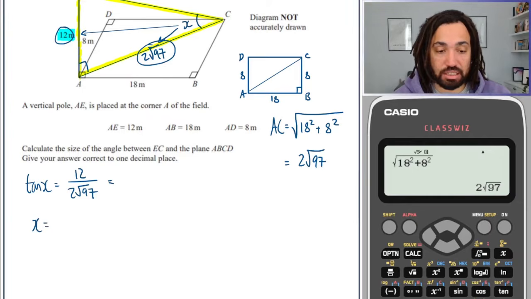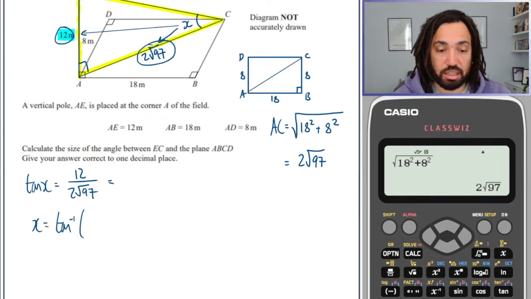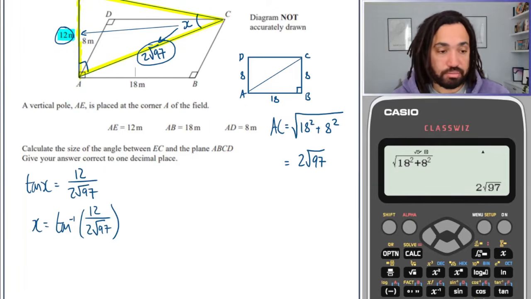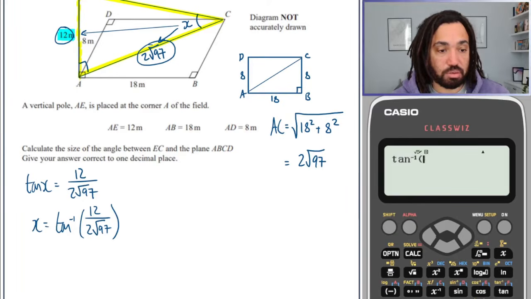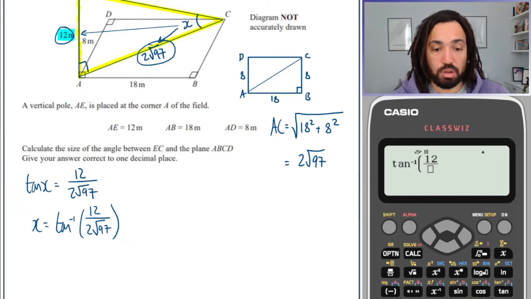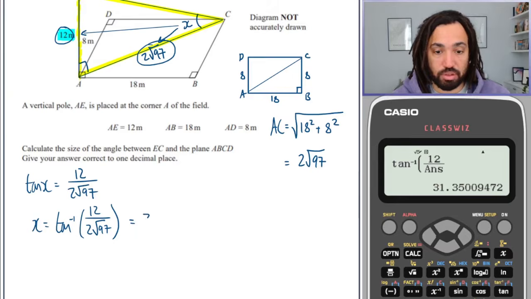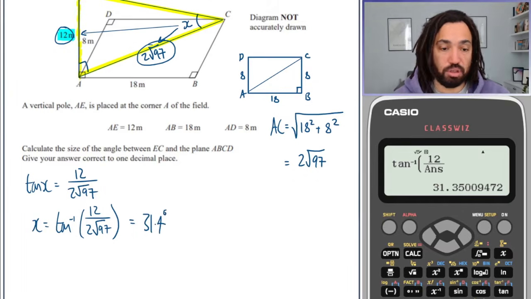So x is equal to inverse tan of 12 over 2 root 97. So we do tan to the minus 1 of 12 over 2 root 97, which is the answer from the previous question, so I can just press answer. So we get 31.4. Bosh.